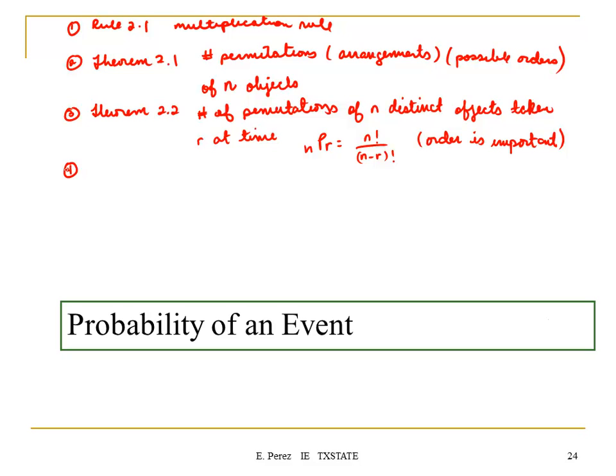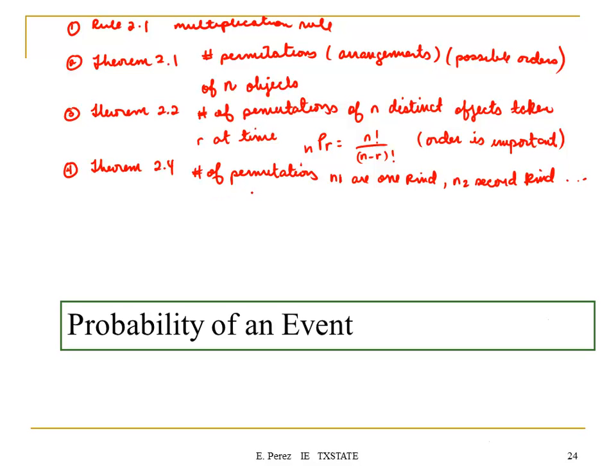I'm going to go to theorem 2.4, the number of permutations where n1 are of one kind, n2 of a second kind, and so on.